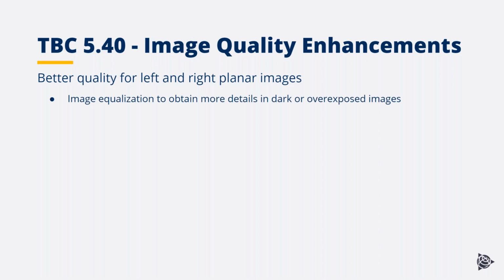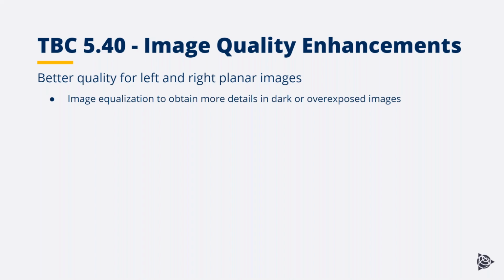What has been changed is that we have now implemented kind of an image equalization process in the background to process better the images which have been captured in very, for example, dark environment or overexposed environment. So maybe the sun was shining directly to the camera, and then the exposure of the camera was not really a good one for the image.